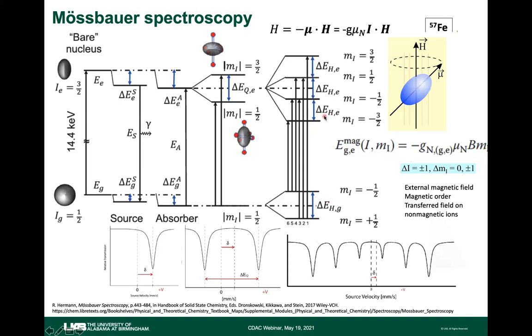This Hamiltonian here is proportional to the nuclear Bohr magneton and the internal field at the nucleus. Again, for iron 57, these transitions follow the dipole selection rule, so you would see six transition lines, and in the energy domain, six very clear absorption lines.